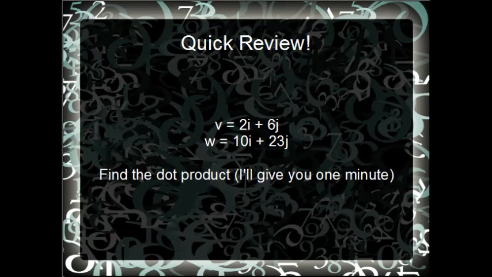Alright, quick review. Given two vectors, v equals 2i plus 6j and w equals 10i plus 23j, find the dot product.